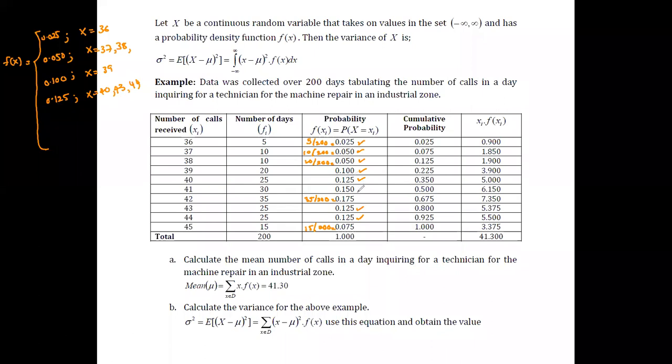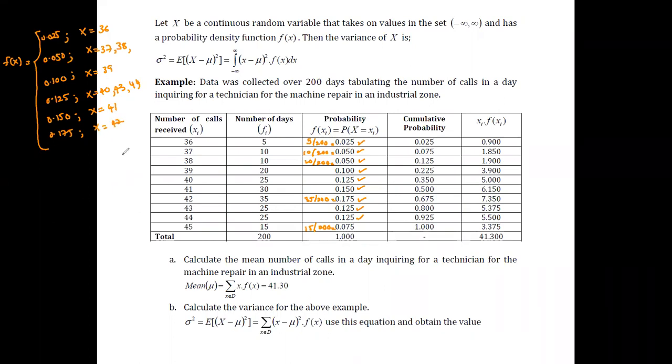Then the next value we can see is 0.15, which means x equals 41. Then the next one is 0.175, where x equals 42.